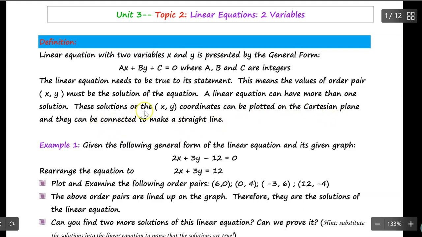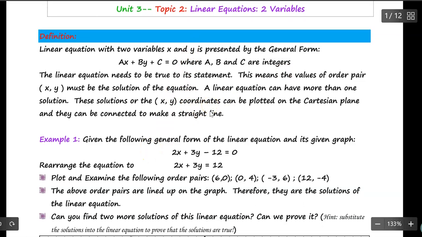When you connect all of the solutions to make a straight line, this straight line is your linear equation. That means on that straight line you can find all kinds of solutions for this linear equation.